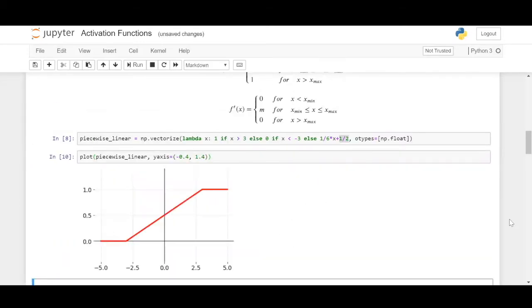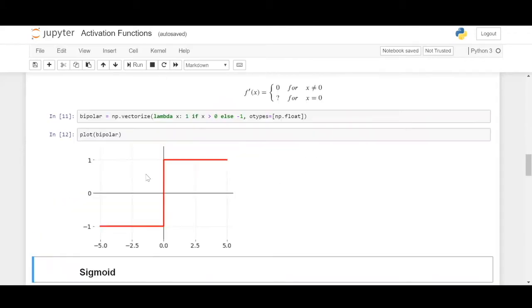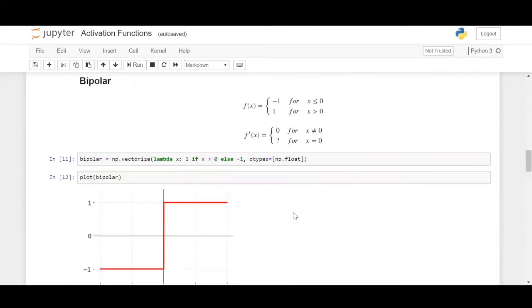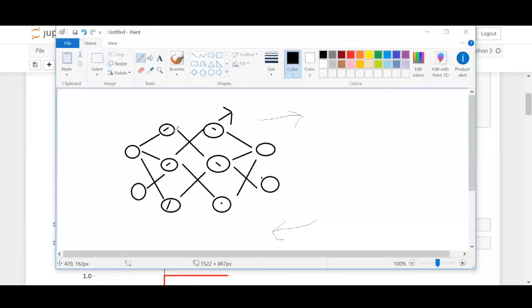The next one, let's go to the bipolar activation function. Bipolar, as the name says, means opposite ends of the polar spectrum, which in this case is nothing but minus 1 and plus 1. So till now the activation functions are pretty simple. Basically, activation functions are used to make the neuron more active, that means it activates the neurons for performing the forward and back propagation, I mean basically the learning task of a neural network.